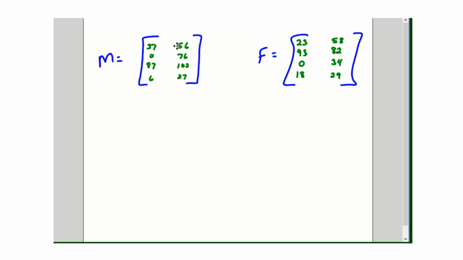Male 37, 56, 0, 76, 87, 102, 6, and 27. Female numbers in their respective columns. Then you want to do the subtraction next. Males minus females.